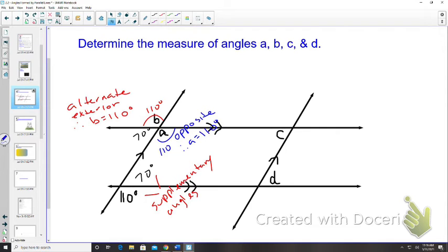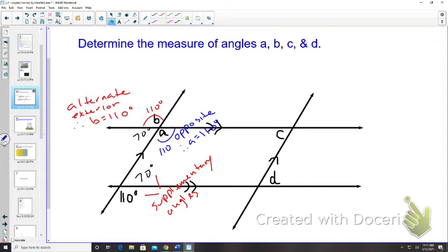Okay, so I see where you're connecting a bunch of pieces. That's excellent, and that is what we're going to do. So going from A, these are both interior angles, right?